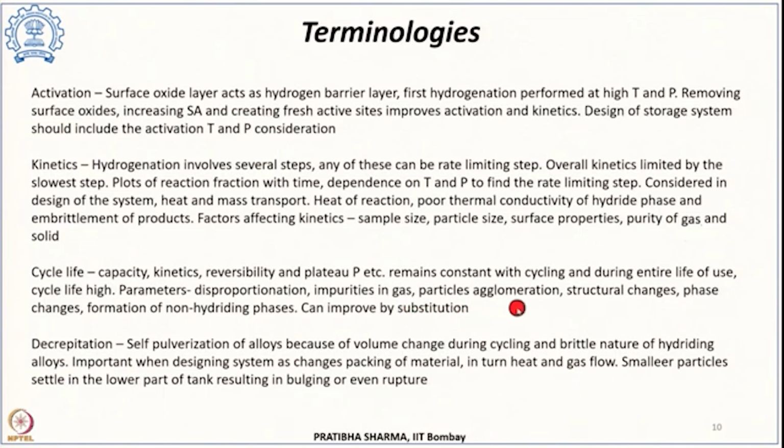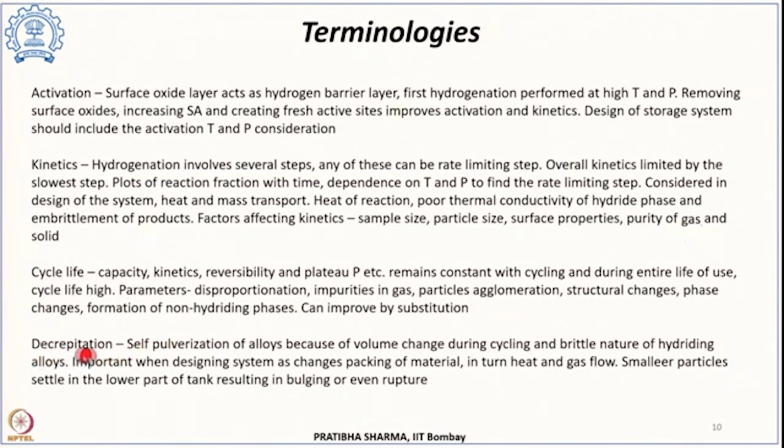Whether particle agglomeration has happened, and whether there are any structural or phase changes involved also matter. Sometimes non-hydriding phases are formed, or stable hydrides are formed which are very difficult to desorb under normal conditions. All that can not only reduce the capacity, but also the cycle life of the materials. So, we can improve this in several ways. Substitution is one way of improving the cycle life.